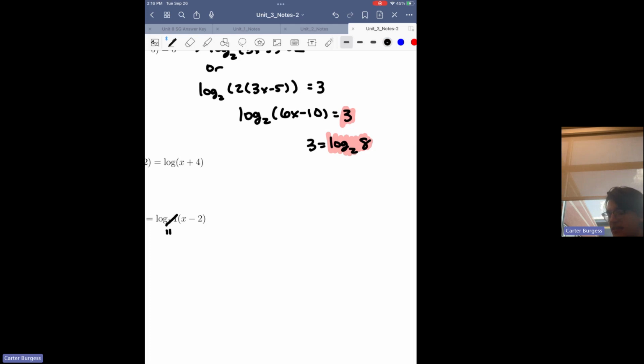How could I rewrite this as, say, an exponential? So 2 to the power of 3 is equal to 6x minus 10, which ultimately is the exact same thing.